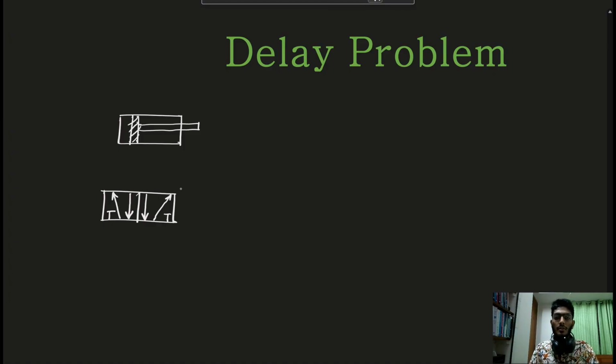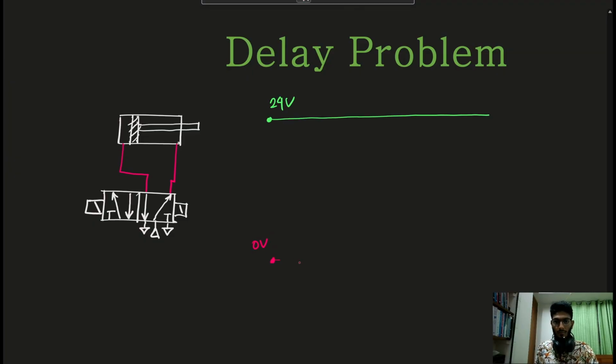In the first solution, this 5 by 2 DCV will be operated using a double solenoid. Okay, so let's construct the electrical part. I can make the circuit with latch or without latch. First, I will show you the with latch method.